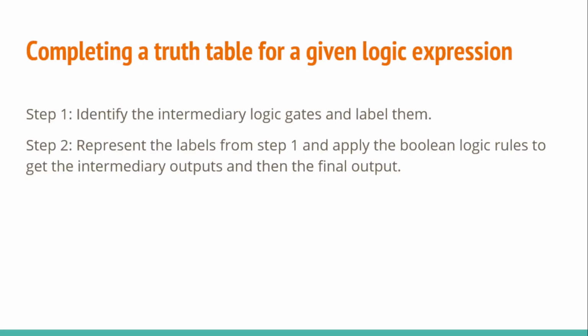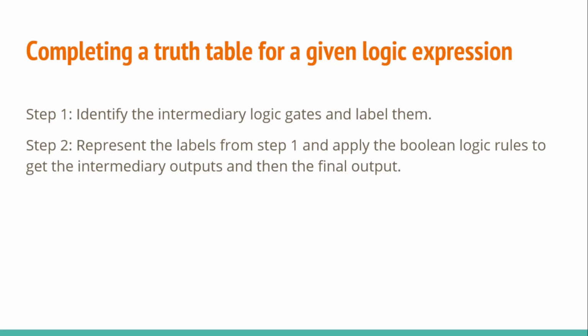Let's go over to the next segment of this tutorial, and that is completing a truth table for a given logic expression. Again, I have 2 steps. The first step is to identify the intermediary logic gates and label them.